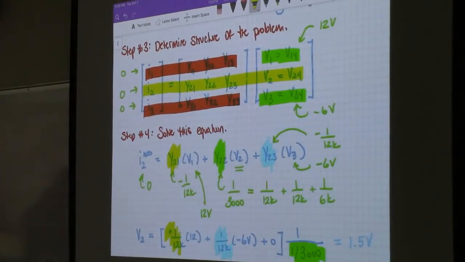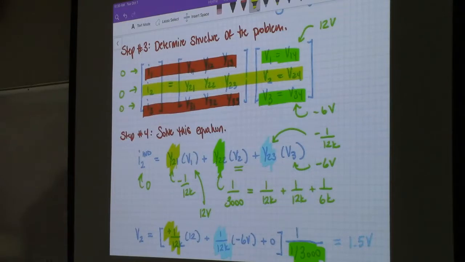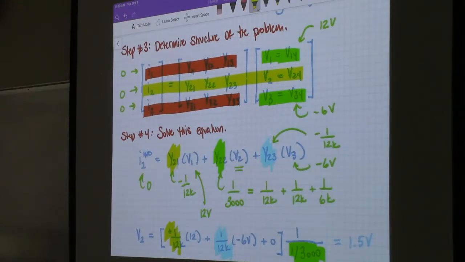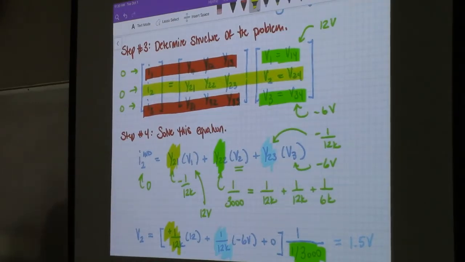Okay, and so what we can do is essentially just write out this one equation that's left over. We have I2, which I put a little IND to state that it should be independent, but I don't really need that, to tell you the truth.